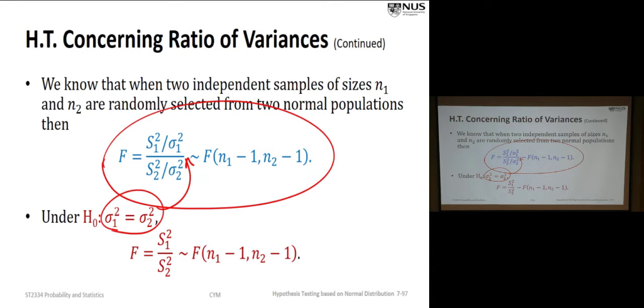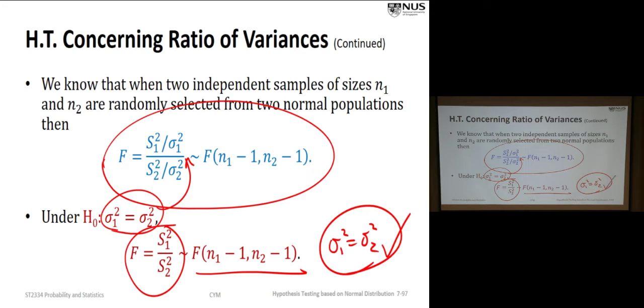Of course, it's still an F distribution. But remember, you assume sigma 1 squared equals sigma 2 squared. So in other words, this one follows this distribution only when sigma 1 squared equals sigma 2 squared.